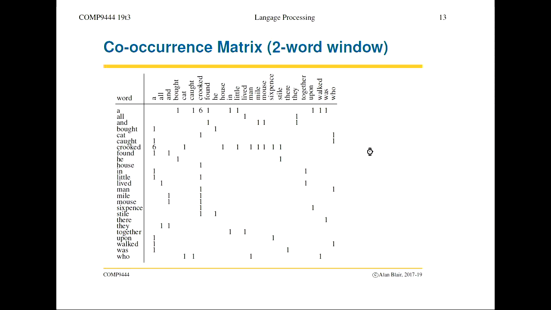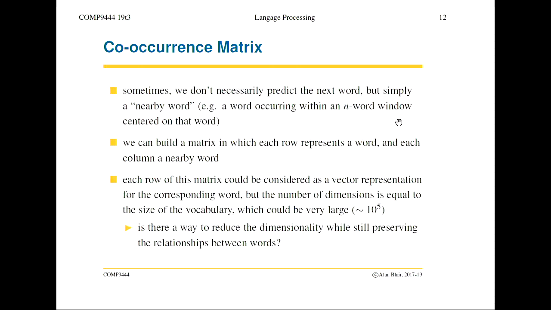But the problem with this is that it's very high dimensional. You could take the rows or you could take the columns, but you're embedding the word into this 10,000 dimensional space, and that's not really very useful. What we want to do is reduce the size of the space. We want to embed it in a smaller space, but in such a way that similar words have similar vectors, right?